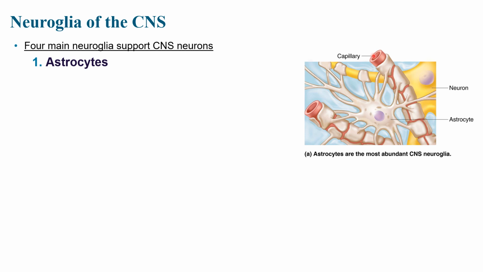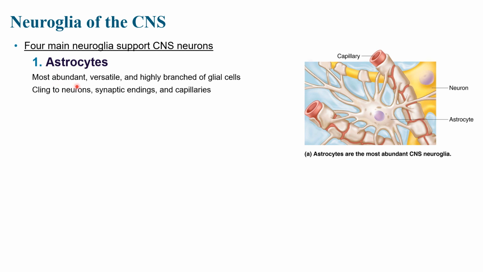Whether that's the endothelial cell of the capillary or the endothelial cell and the astrocyte, that's the blood-brain barrier. The astrocyte actually sends out signals that create the blood-brain barrier with the blood vessels in the brain. All right, that's one of the functions.